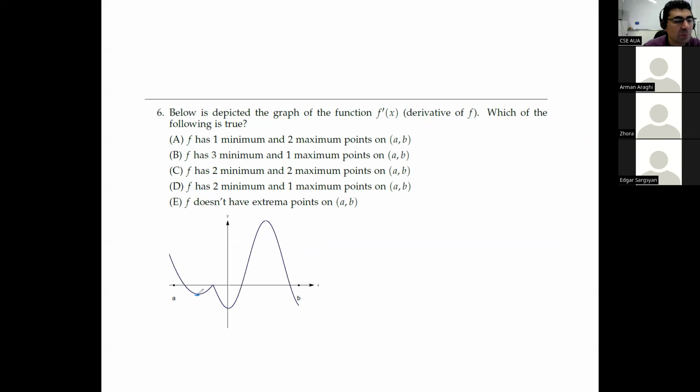Here we have minimum point, maximum point, minimum point, maximum point. All these 4 points that are extrema points for f prime are inflection points for function f as well. So we have 4 inflection points, but we have only 1 minimum and 2 maximum points.